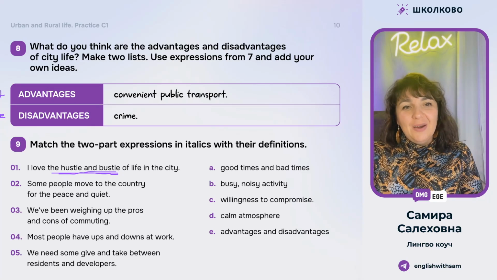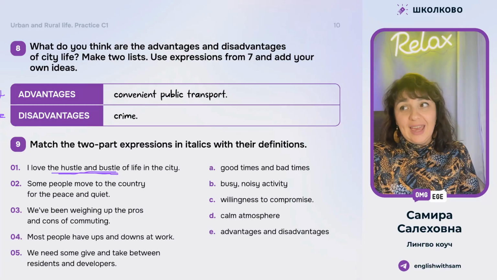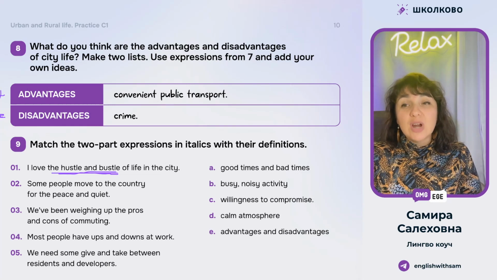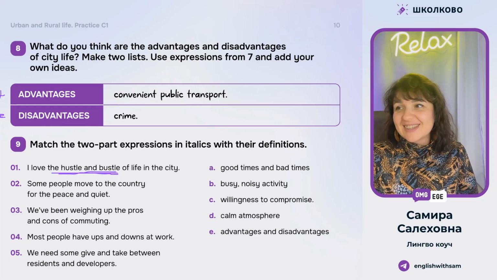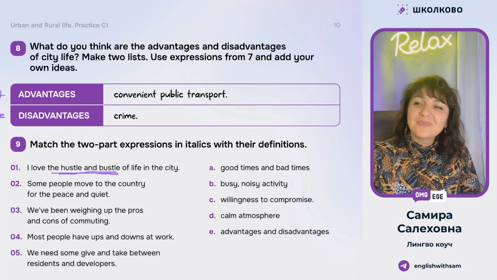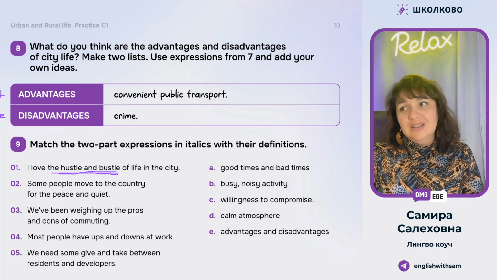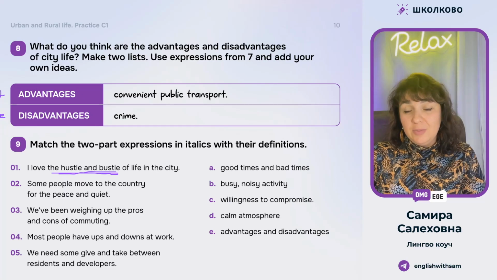Really. Okay. Construction. Okay, then just specify it, right? So you may say constant constructions. Polluted environment. So pollution is higher, the level of the pollution is higher. That's right.